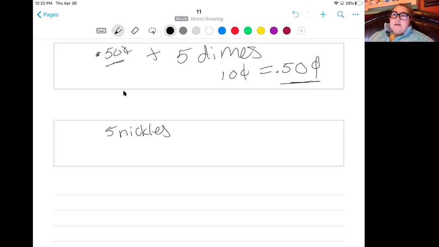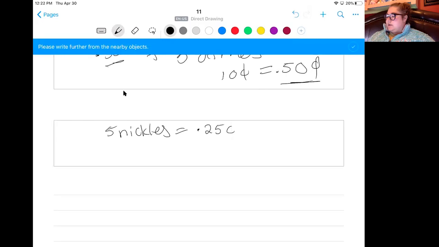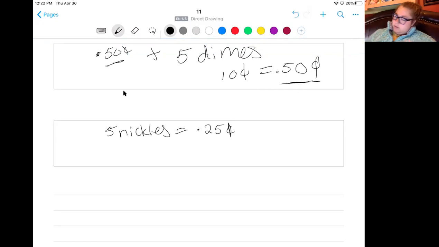That's right, 5 cents. Let's skip count by 5. 5, 10, 15, 20, 25. So 5 nickels equal 25 cents. All right, what else equals 25 cents? 1 quarter, that's right. So it takes 5 nickels to equal 1 quarter.